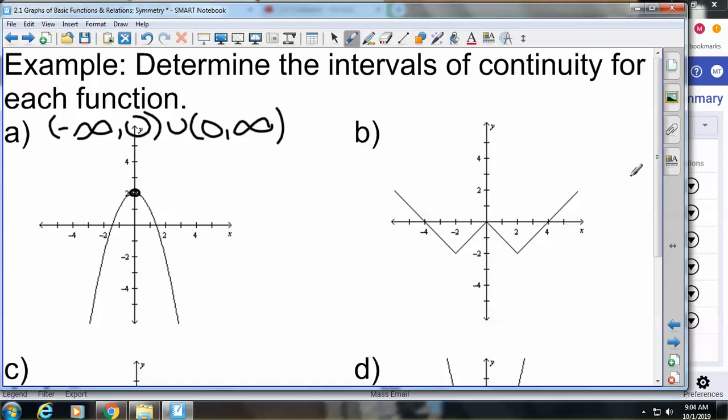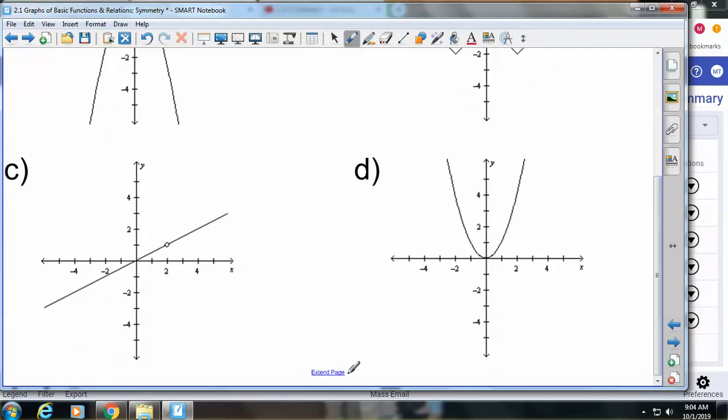B, where is that one continuous? Do you have to pick up your pencil to draw it? No, so it's continuous the entire time, negative infinity to positive infinity. C, where would this one be continuous? Everywhere except 2. So negative infinity to 2, union 2 infinity.